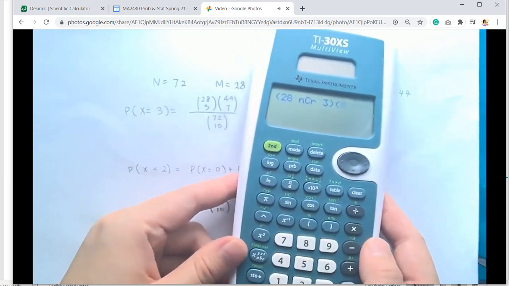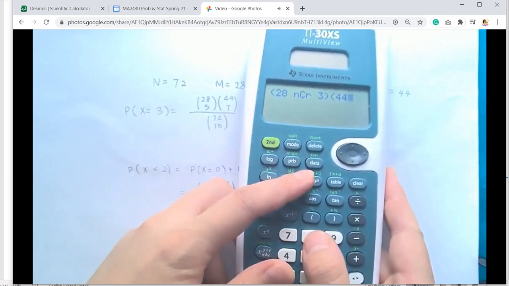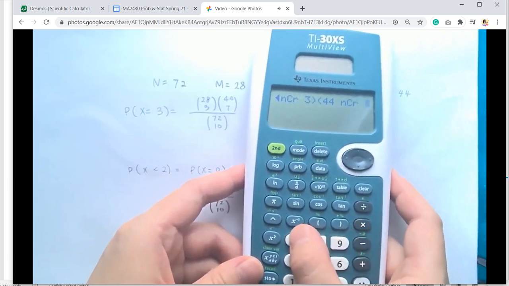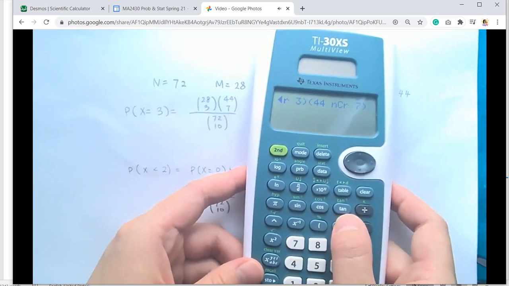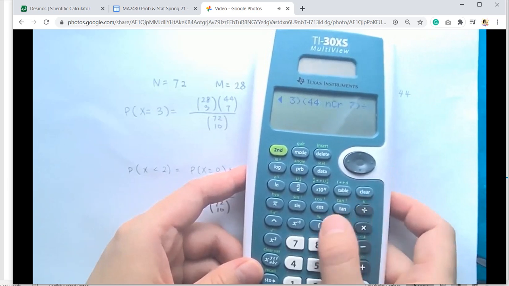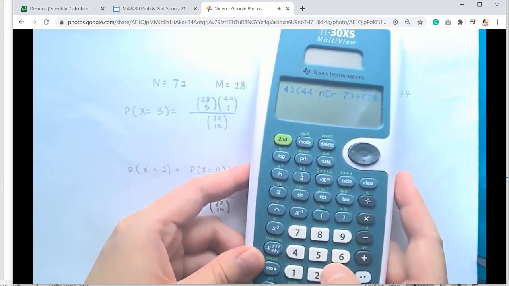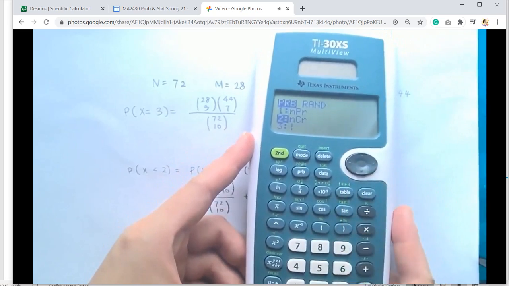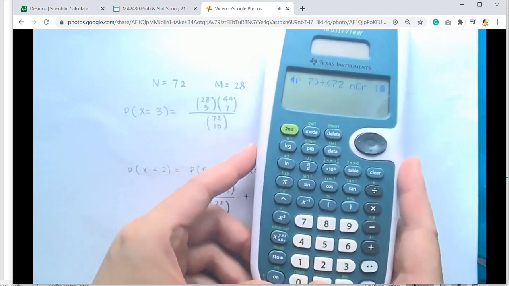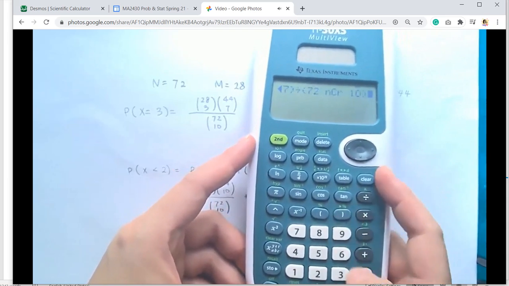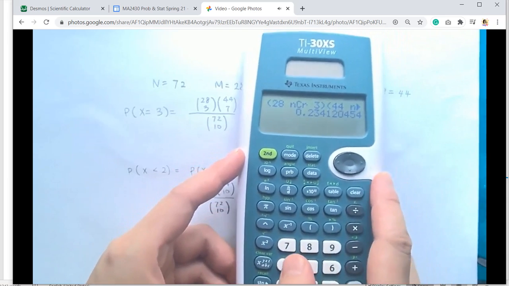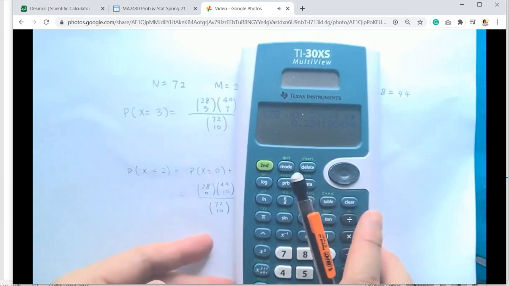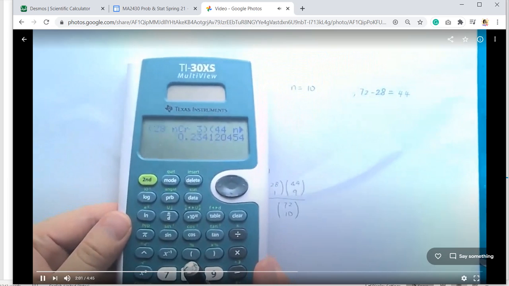Okay, another parentheses, 44 combination. Choose 7. Okay, close the parentheses. Divided by 72. Choose 10 and close it. So our answer is this. So let me put it down. Okay, so our answer is point.